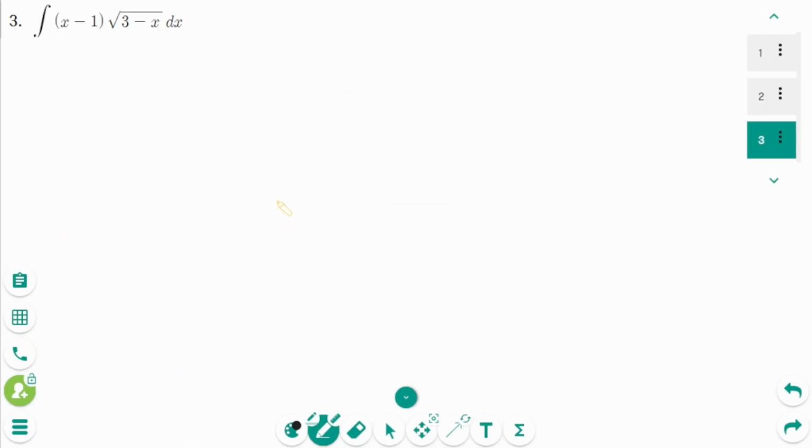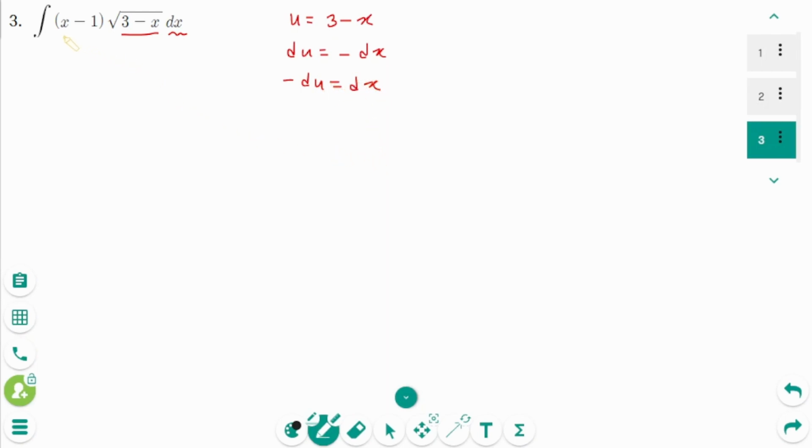This one is difficult. Think 3 minus x is u, so u equals 3 minus x. du equals minus dx. There is only dx, then times minus 1 on each side, minus du equals dx.